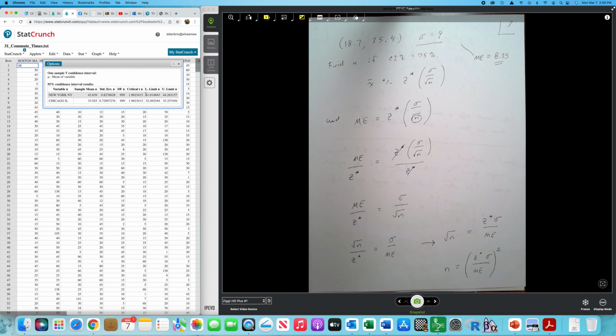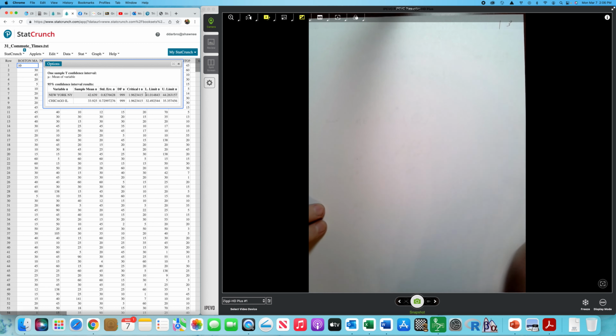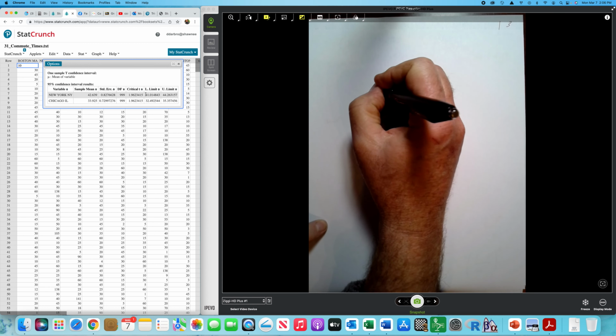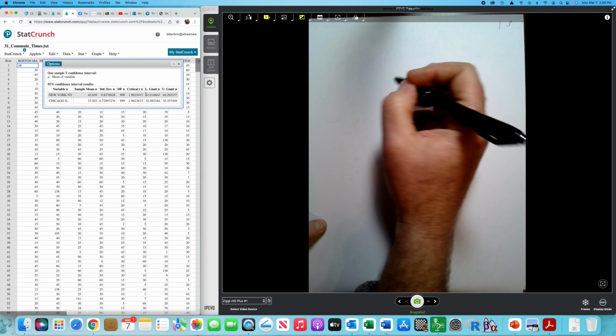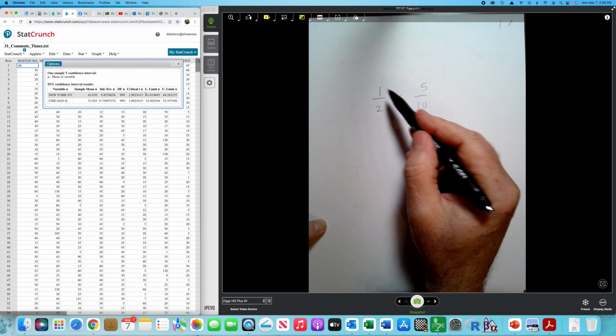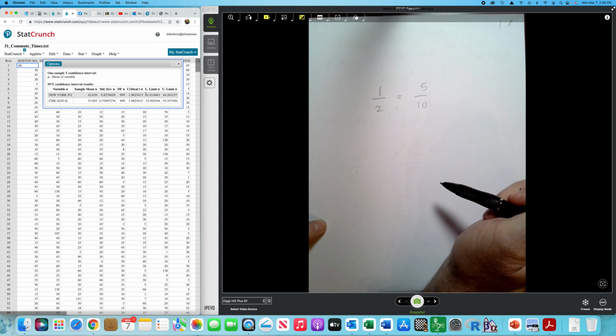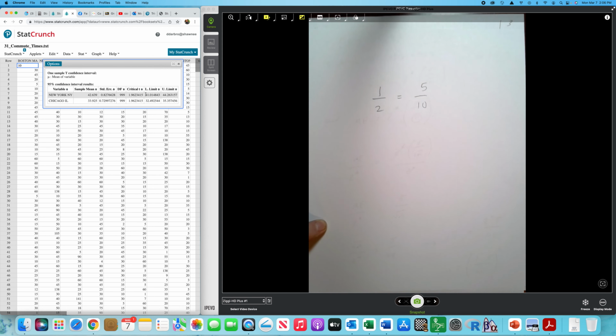Actually, let me just be completely transparent here. There's a trick that I'm using that says if you have a fraction, let's just say we know that 1/2 is equal to 5/10. And these things on the diagonal, means and extremes, I can at any time switch these values.